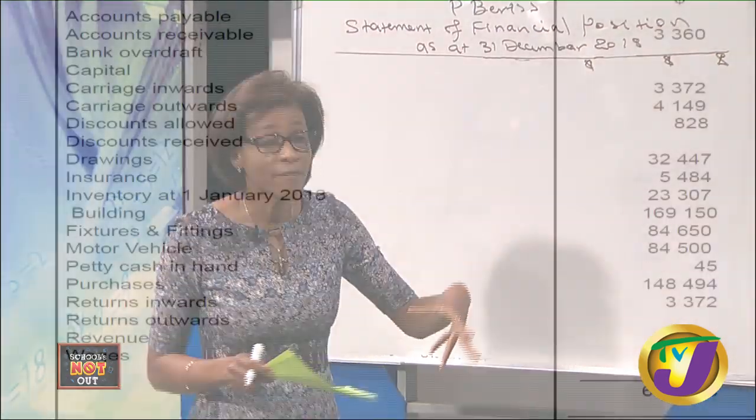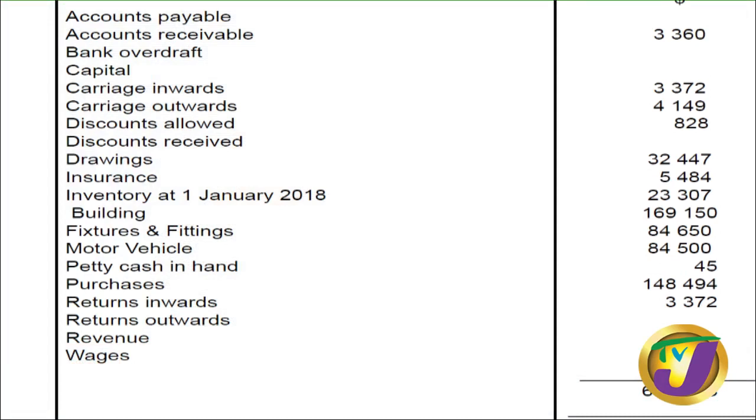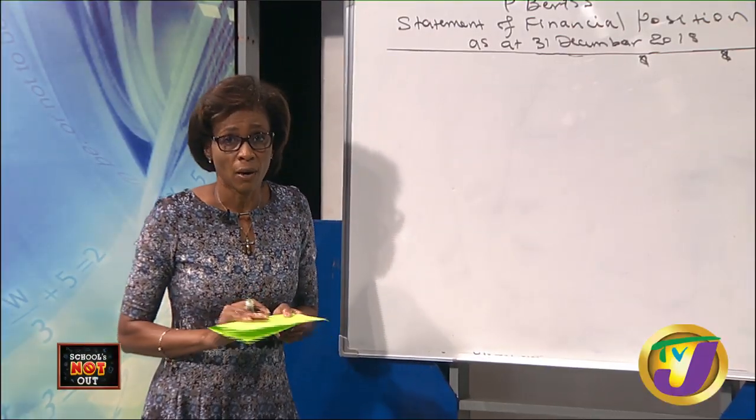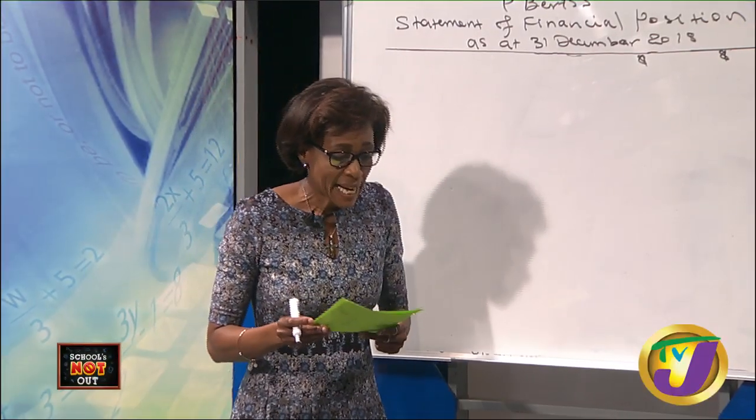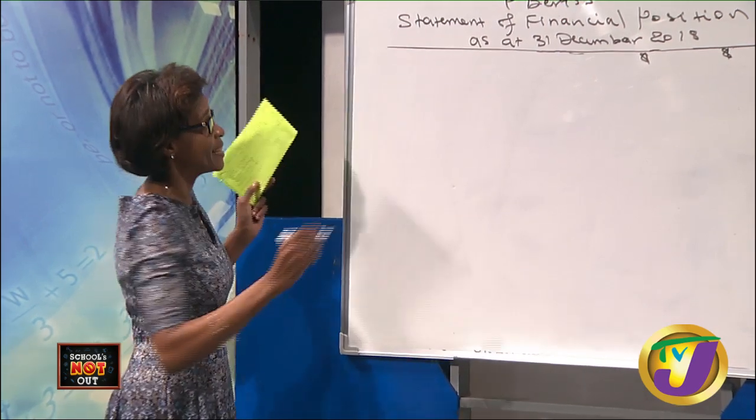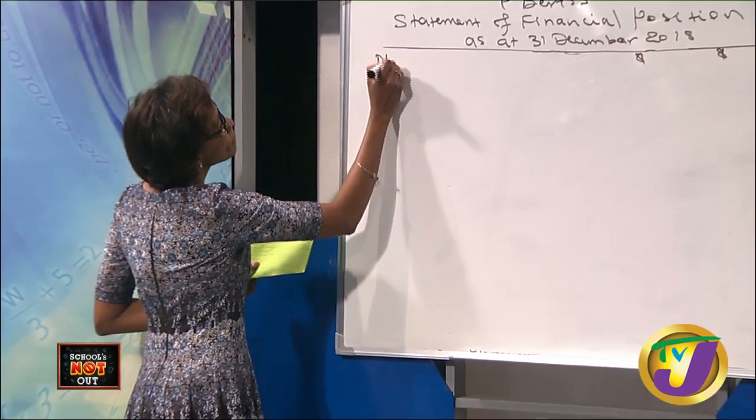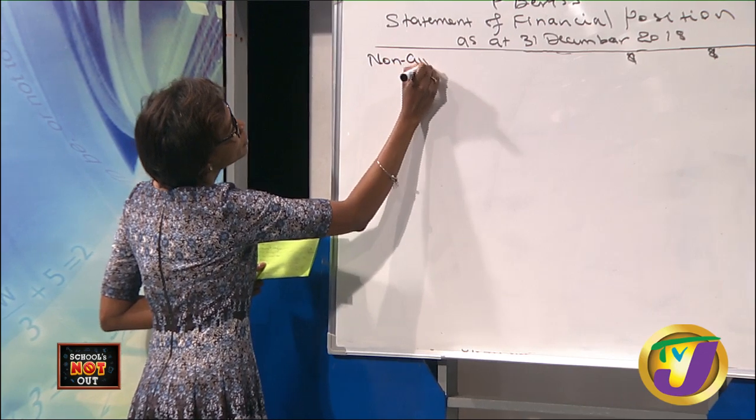Remember, before, we selected the items which were appropriate to calculate our gross and net profit. So it means that you have to know the various items. All right? So in this case, we're going to begin. Remember, students, we're using the vertical presentation for our document. So we're going to begin with our non-current assets.